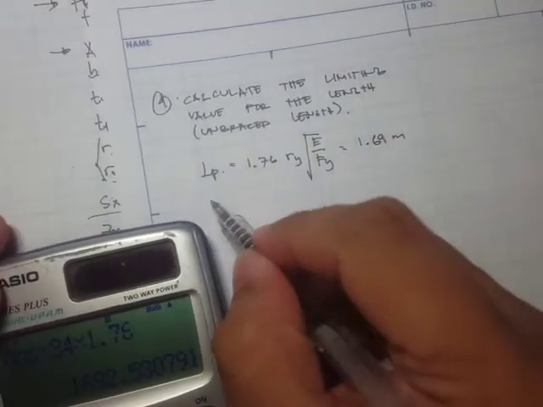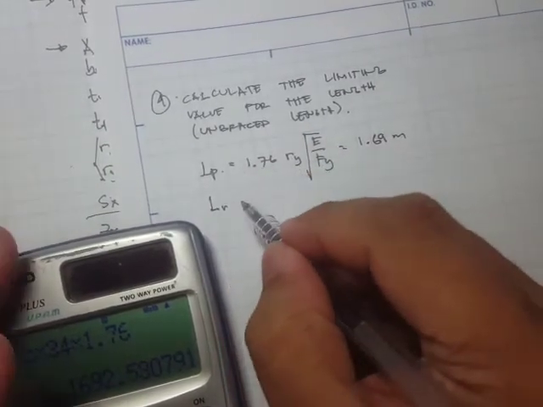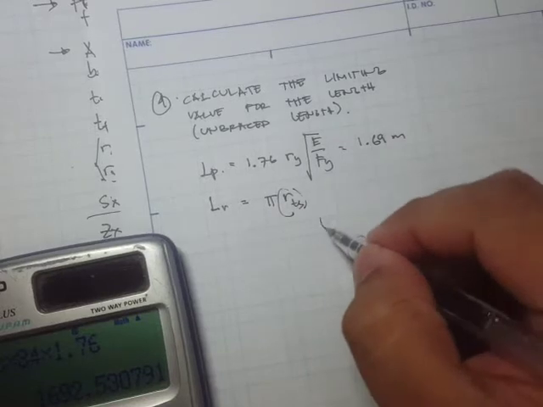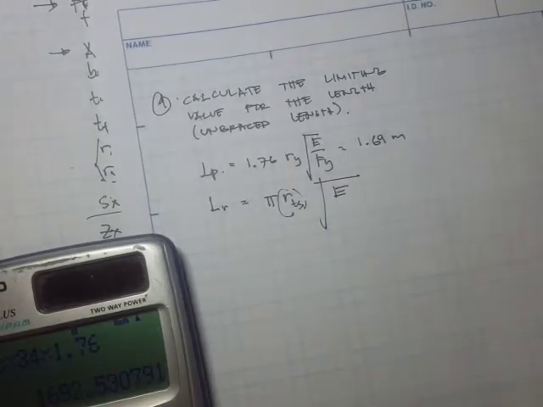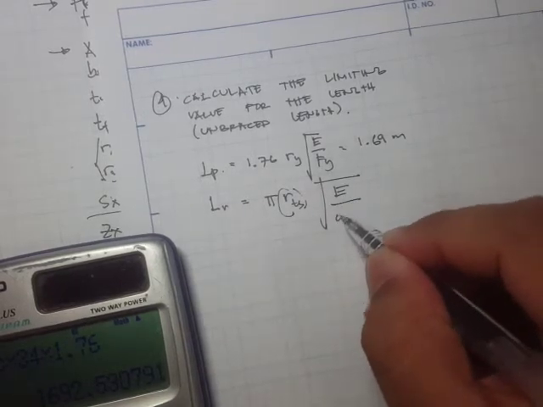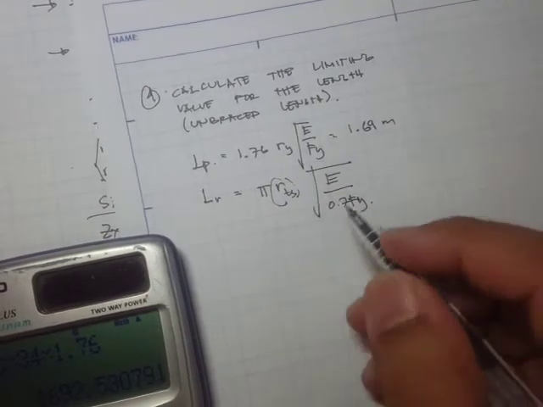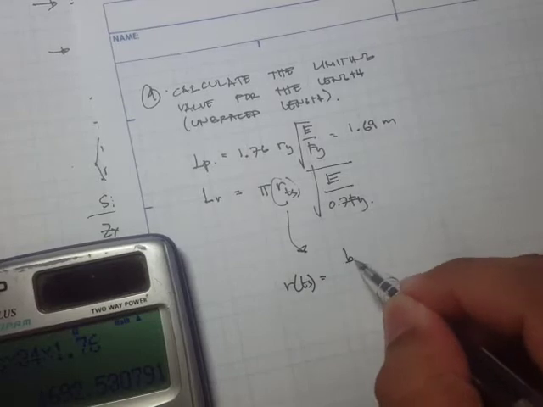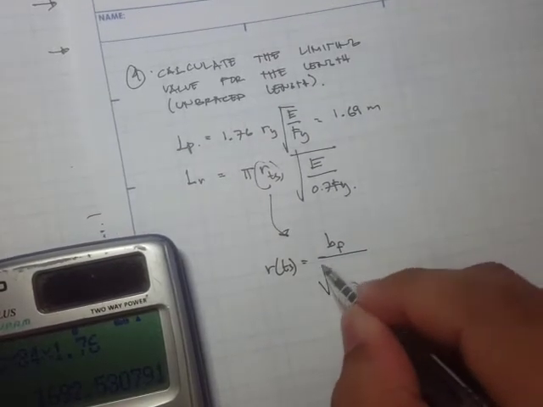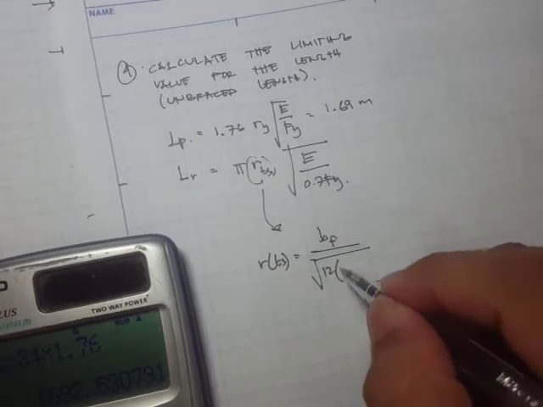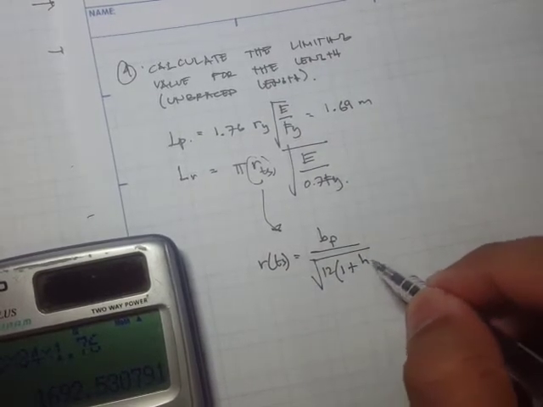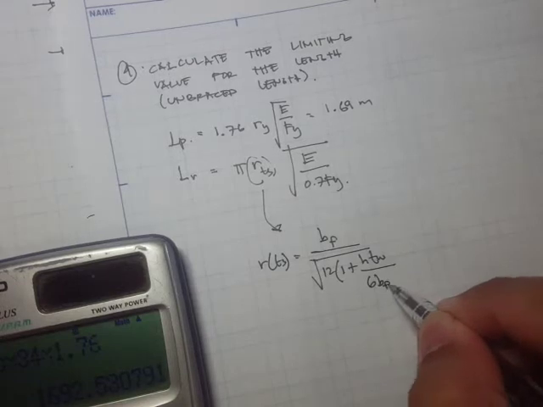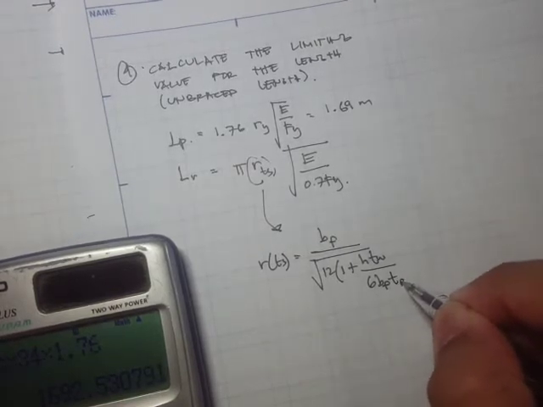And our L sub r is pi times this parameter times the square root of E over 0.7 Fy, and we need to solve this first. r sub ts is equal to the width of the flange over the square root of 12 times 1 plus h times the thickness of the web, divided by 6 times the width of the flange times the thickness of the flange.